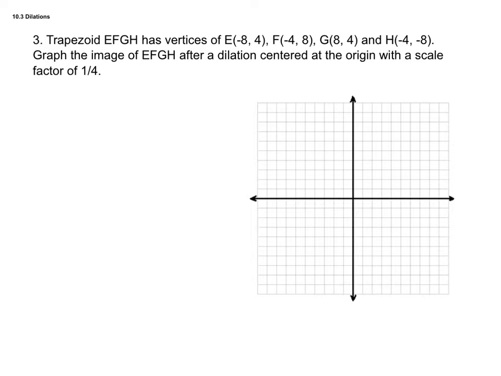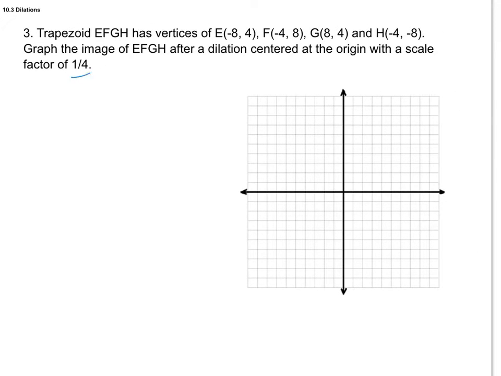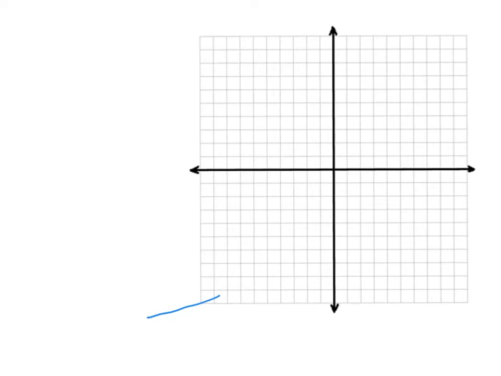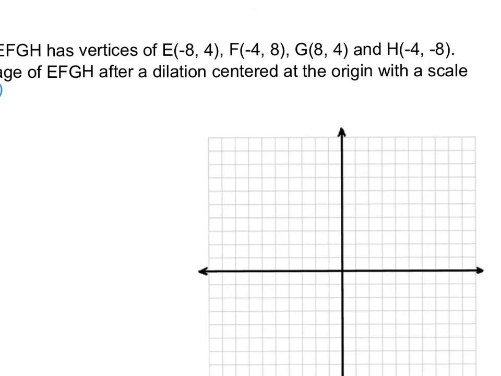So you've got a trapezoid, scale factor of 1/4. Hopefully you realize 1/4, now it's going to be significantly smaller. So now let's build this and see what I got. So -8, 4. So there is E. F is going to be at -4, 8. So there's F. All right, G is going to be at 8, 4. So there's G. And H is going to be at -4, -8.